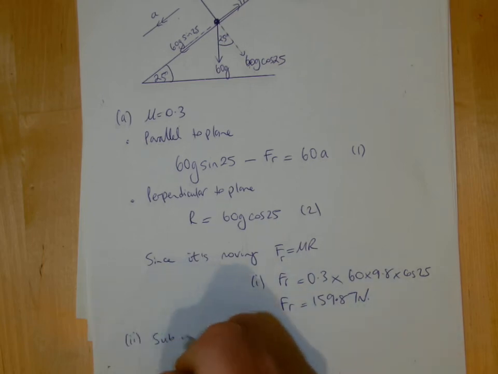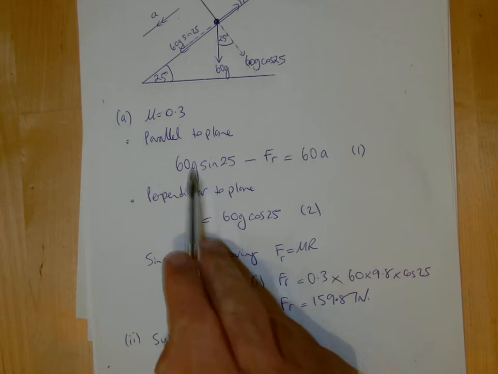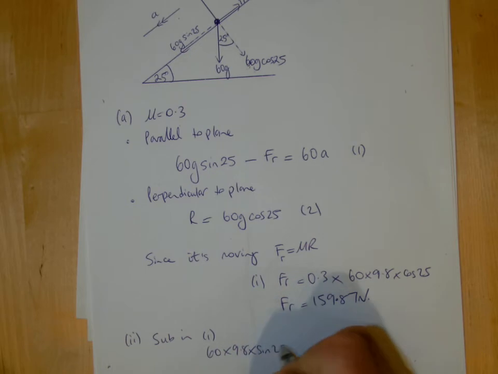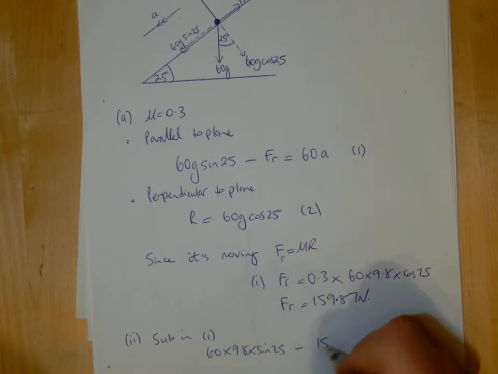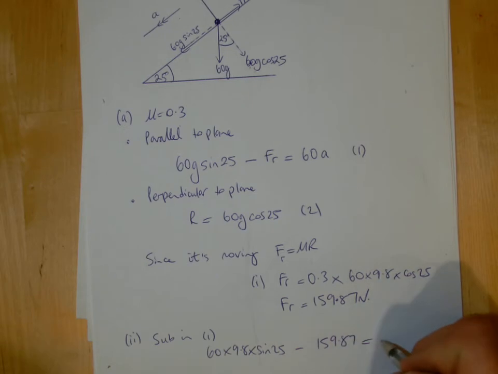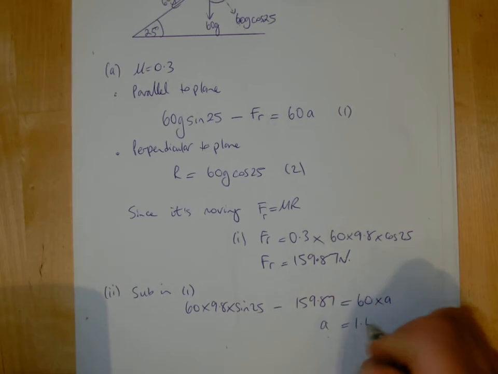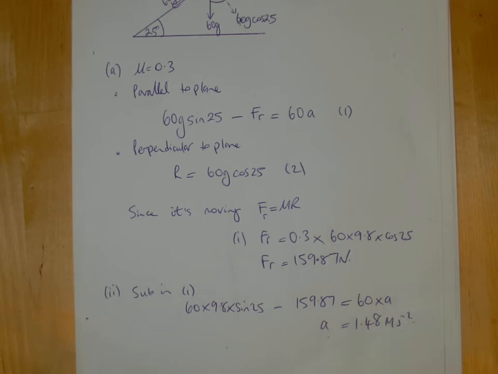If we sub it into equation 1, I'll have 60 times 9.8 times sine 25, take away the friction, and that will equal 60 times the acceleration. Working all that out on my calculator, and then dividing by 60, I get the acceleration to be 1.48 meters per second squared.